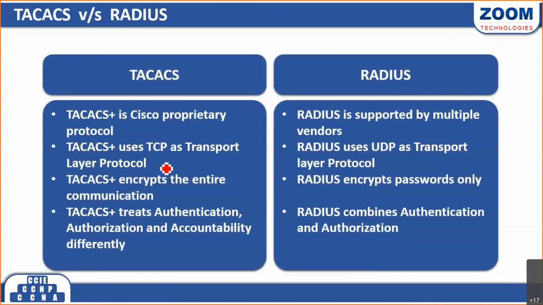Do you remember, guys, the TCP and UDP differences? TCP is a three-way handshake process. In the TCP three-way handshake, what is the first packet? SYN, synchronize packet. Second packet? SYN plus acknowledge, SYN-ACK.